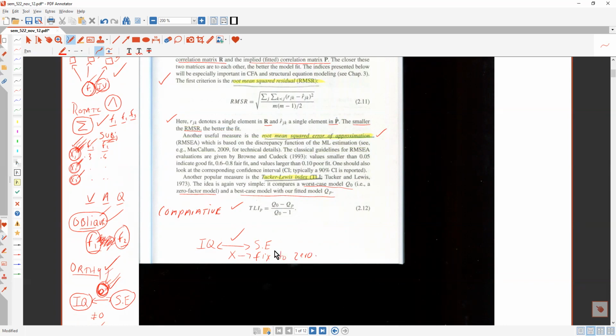In other words, the fixing here is an assumption, or you can also think of it as a constraint, that the path of IQ to SE, the correlation, is equal to zero. Something that we're going to be returning to. Okay, we're going to return to these ideas.